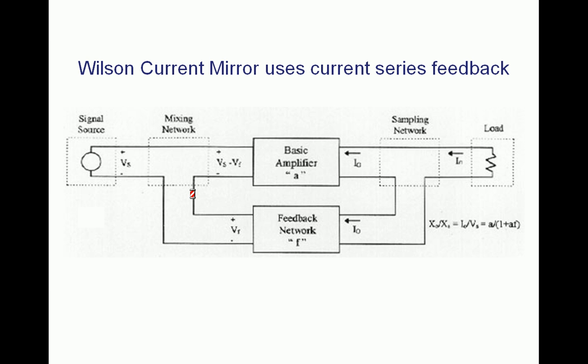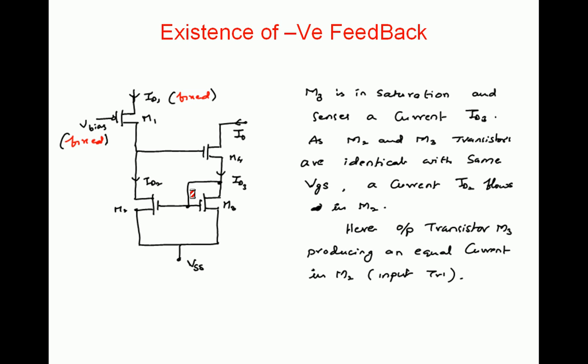So this is simple current series feedback which you already learned. Whether the feedback is present or not, that we will first check up: existence of negative feedback in the Wilson current mirror. As we know, the Wilson current mirror has M1 separately biased with V bias, which is fixed, so that a fixed biasing current ID1 flows through M1.